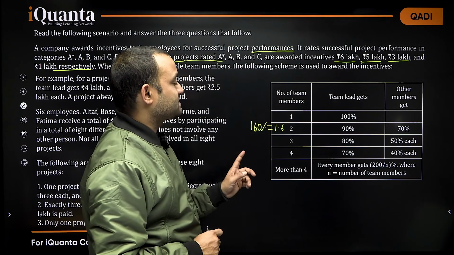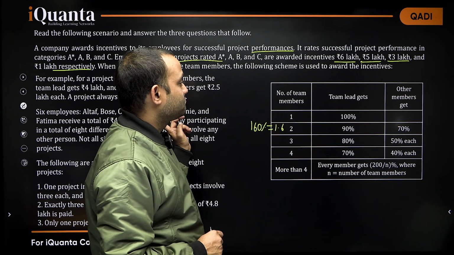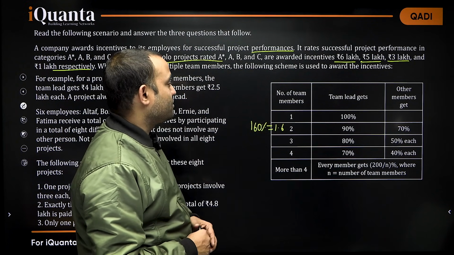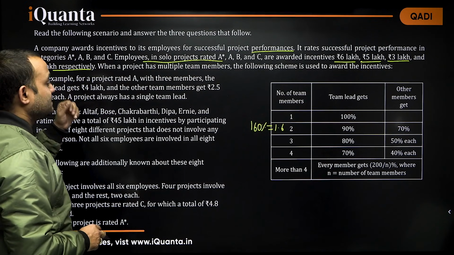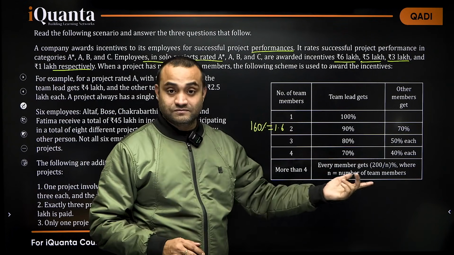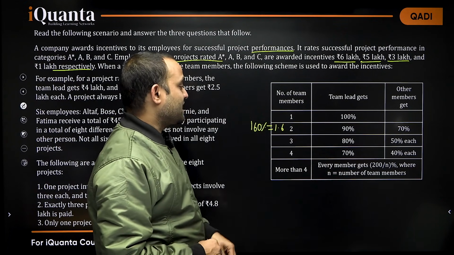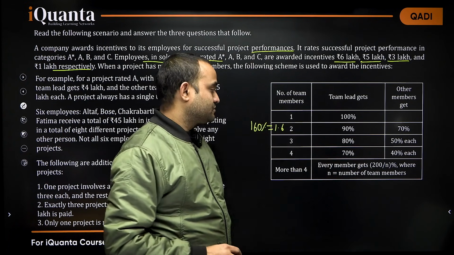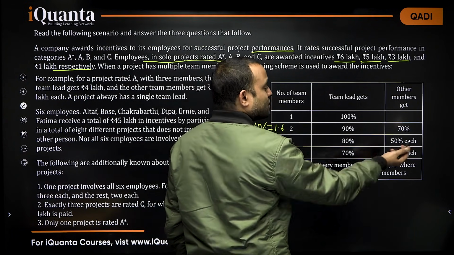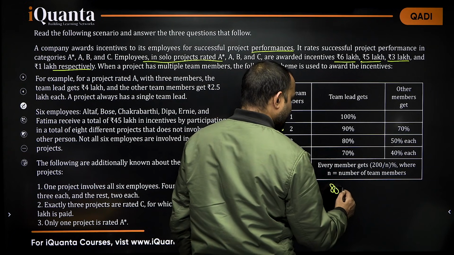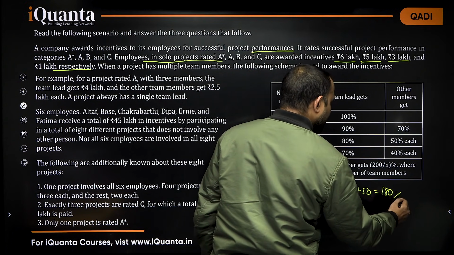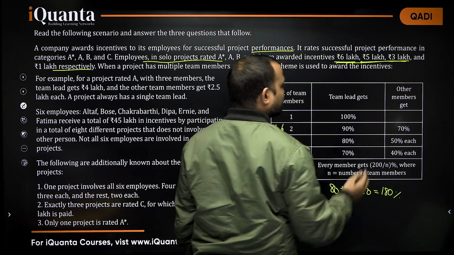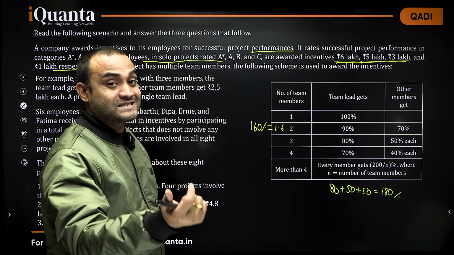If the performance is B, they are going to get 1.6 into 3, 4.8 lakhs. If the performance level is C, they are going to get 1 into 1.6, 1.6 lakhs. Then, if there are 3 team members, one of them is getting 80, the rest 2 are getting 50. So total 80 plus 50 plus 50, that is equal to 180% of whatever is the solo performance incentive.